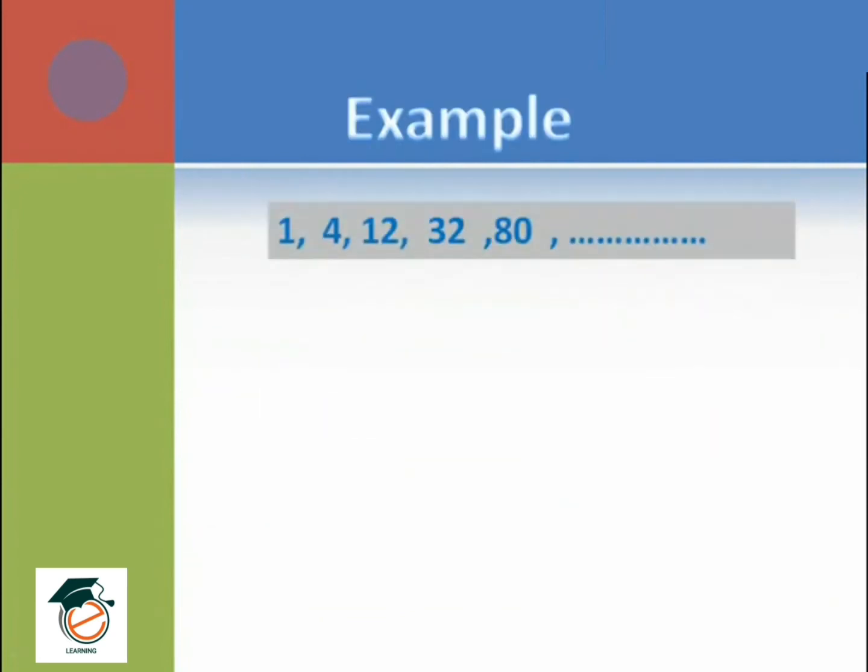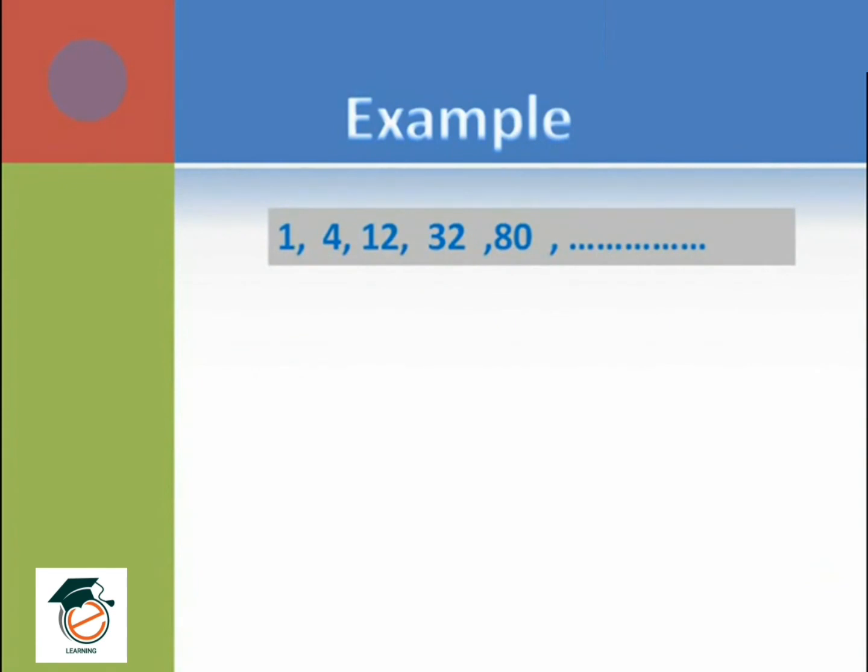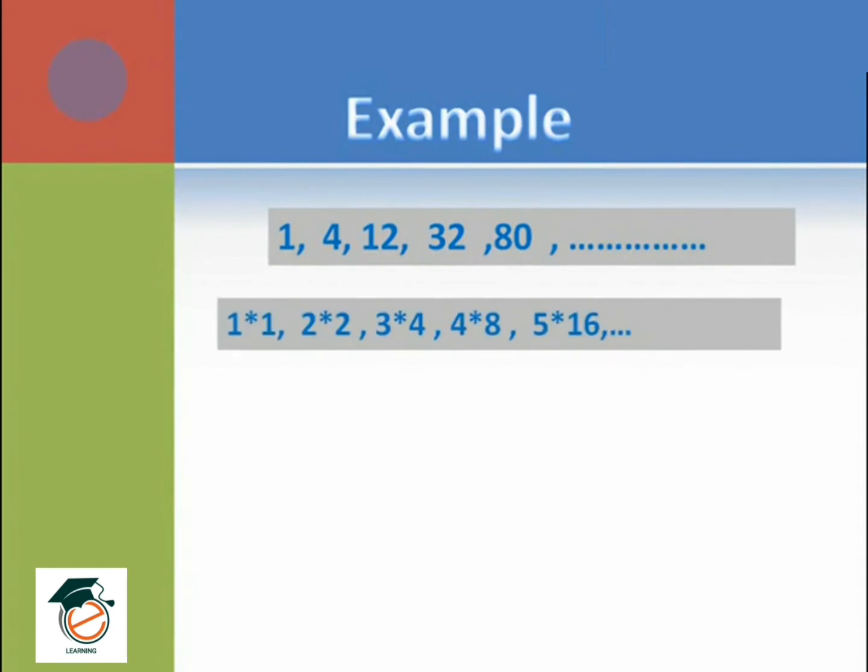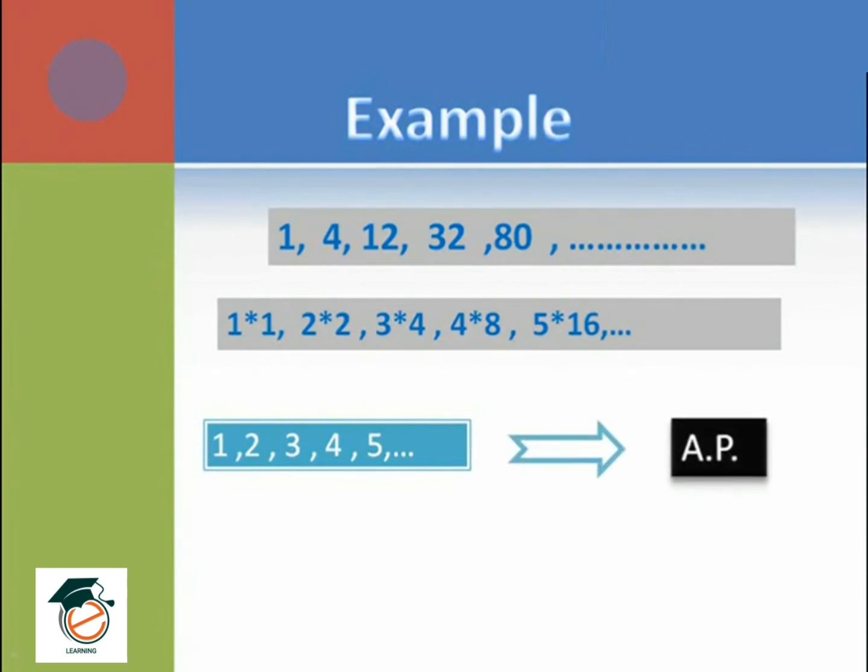For example, if we consider the series 1, 4, 12, 32, 80, now what kind of a series is this? We can write this series as 1 into 1, 2 into 2, 3 into 4, 4 into 8, 5 into 16. Now what is so special about this? We take the first terms and these are 1, 2, 3, 4 and 5, and all these terms are in AP.